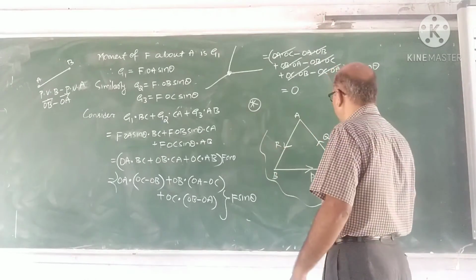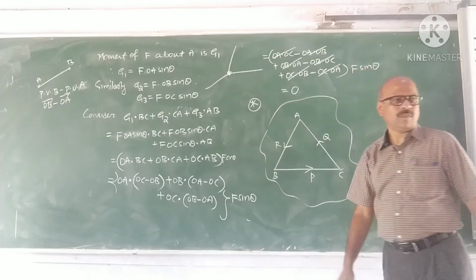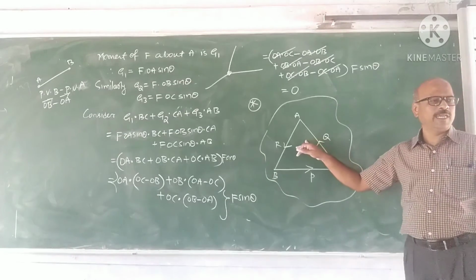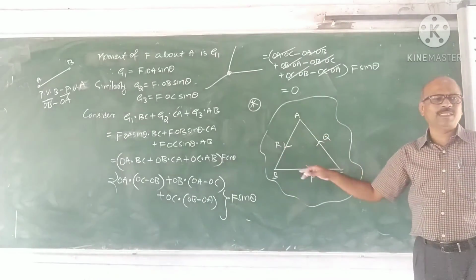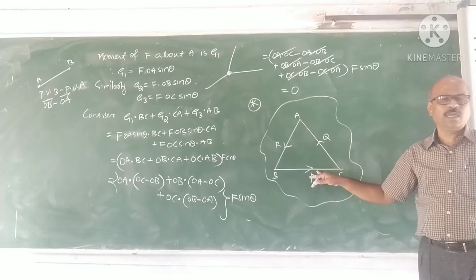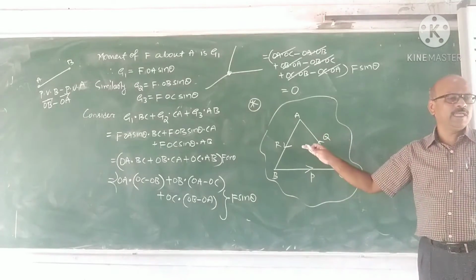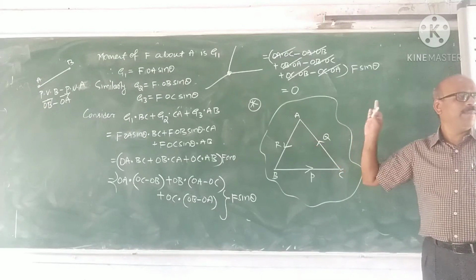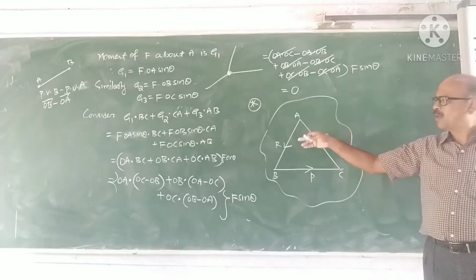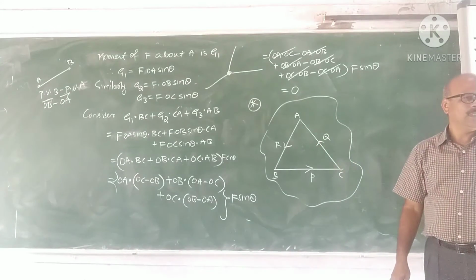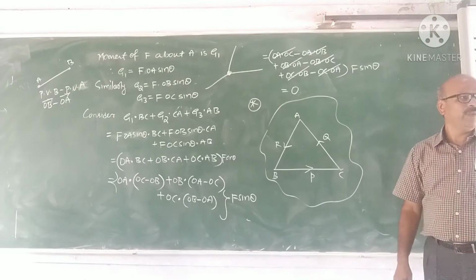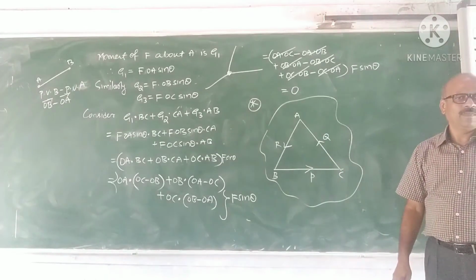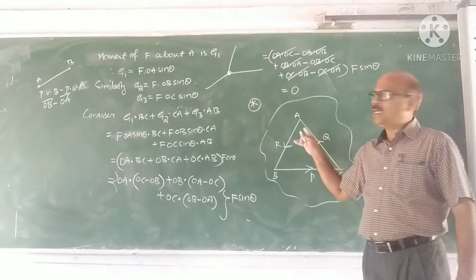They are not concurrent. Therefore, since they are represented by the sides of a triangle taken in order and they are not concurrent, they are equivalent to a couple. If they are concurrent, then their resultant will be 0. Can you find out the difference?